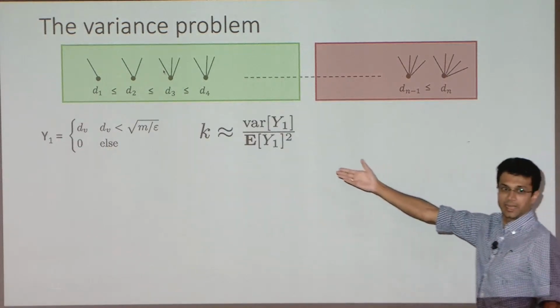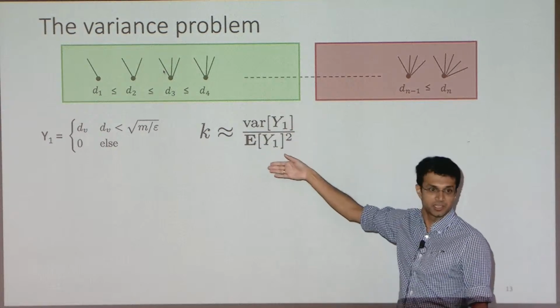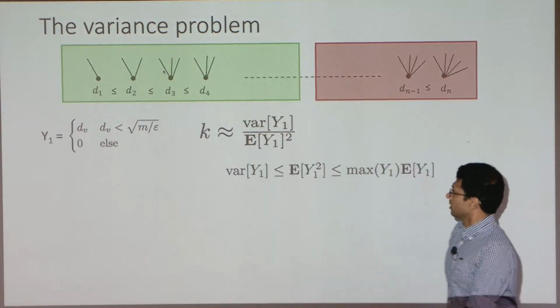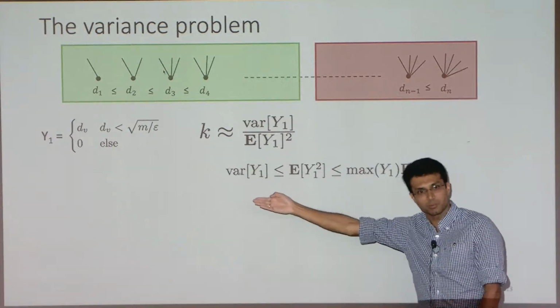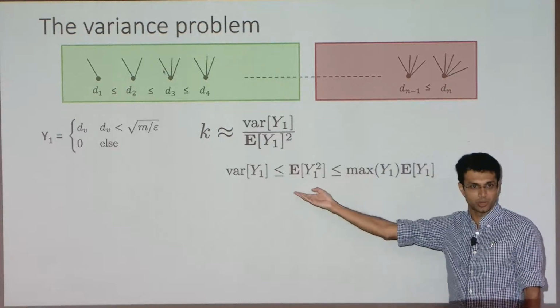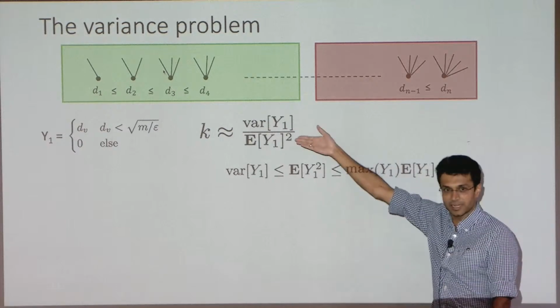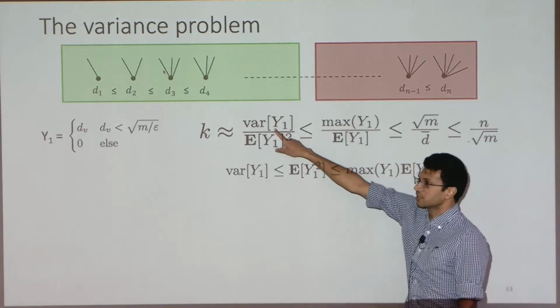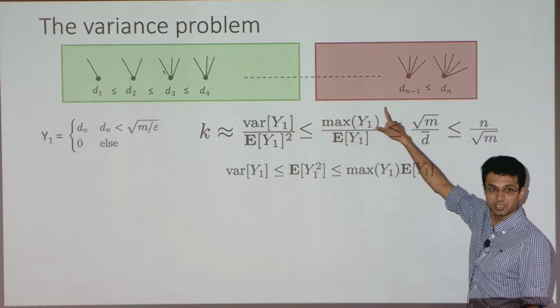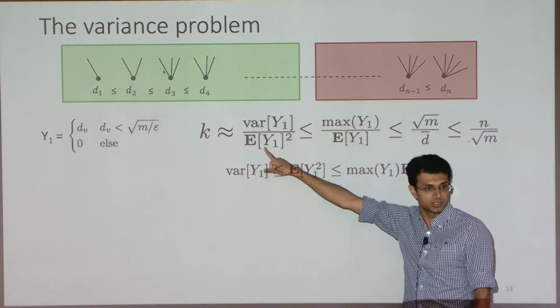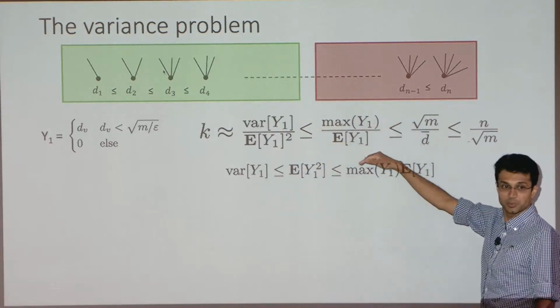So what was the k that I need? I need the variance divided by the expectation squared. Now the variance I can bound by the expectation of yi squared, which I can just bound by the max times the expectation. Pretty simple standard bound. Let me plug that in over there. So for the variance, I get the max times the expectation, which cancels out with one of the expectation squared. So I get max divided by the expectation.